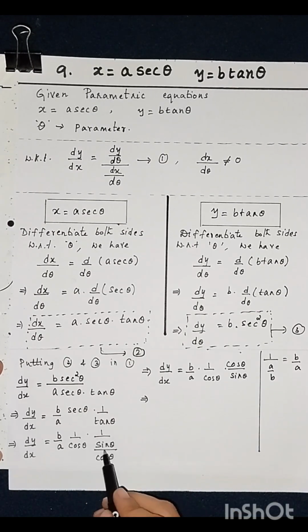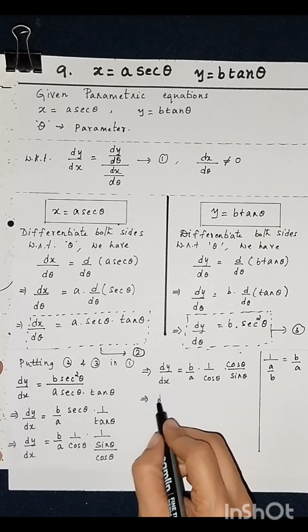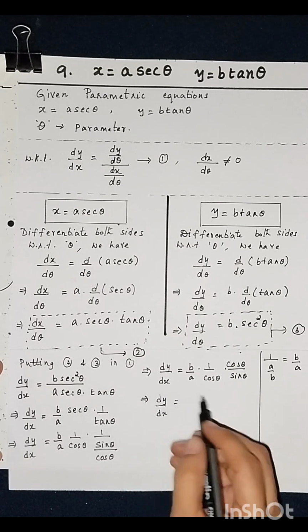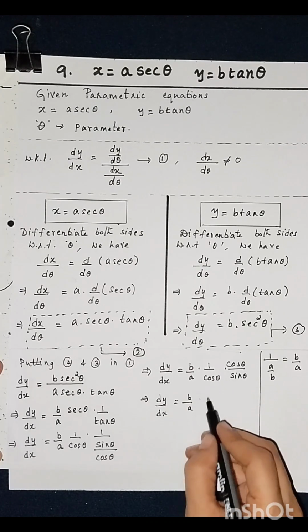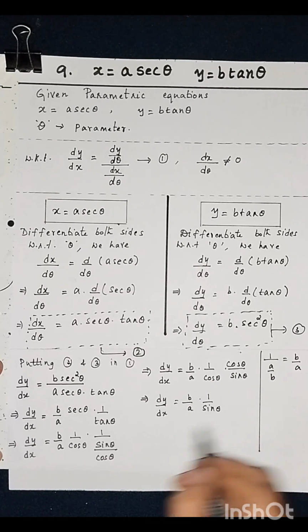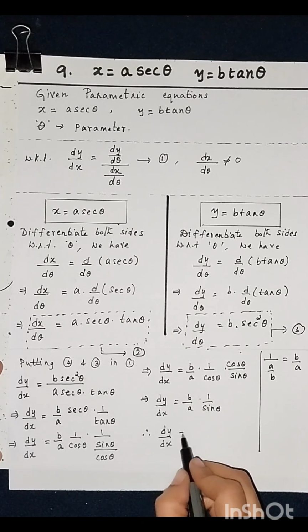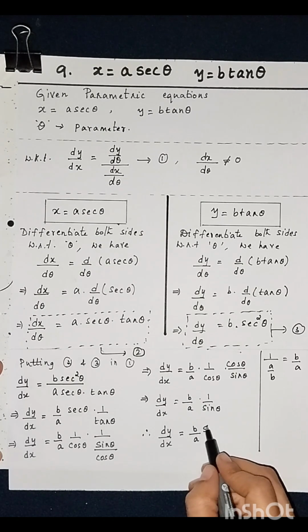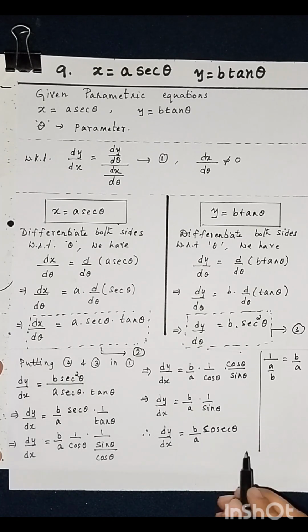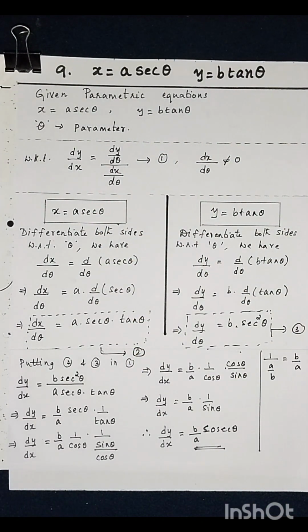So 1 divided by a by b, we will get b by a. Now dy by dx is equal to b by a. Cos theta by cos theta is 1, so you will get 1 by sin theta. So therefore dy by dx is equal to b by a, and 1 by sin theta is cosecant theta, right? So this is the derivative of the parametric equations.